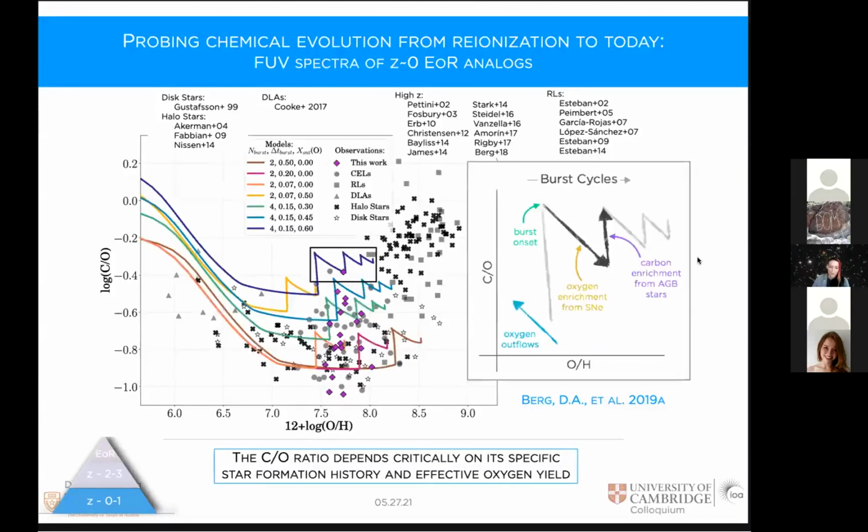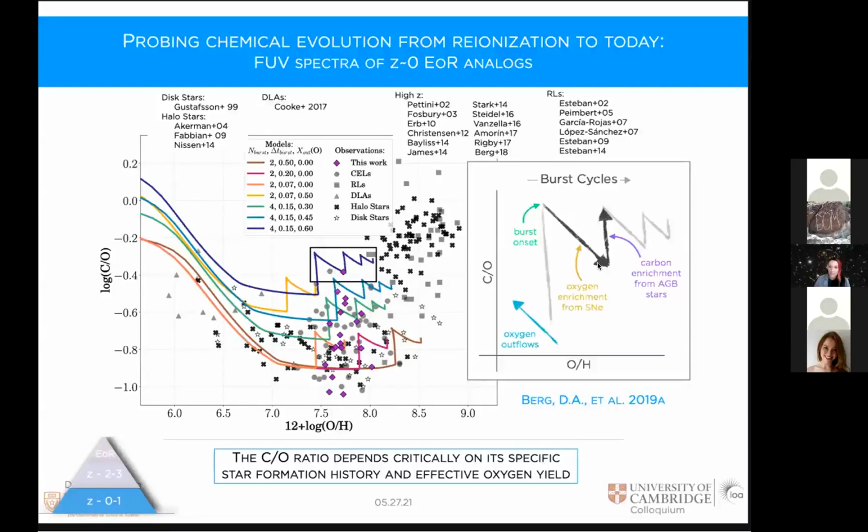So what we did then was start with some really simple chemical evolution models and look at what happens if we varied things like the number of bursts, how long the burst was, and how much oxygen outflowed from that burst. So we're allowing the effective yield of oxygen to vary. For these different models, we were able to reproduce this general trend and scatter that you see.